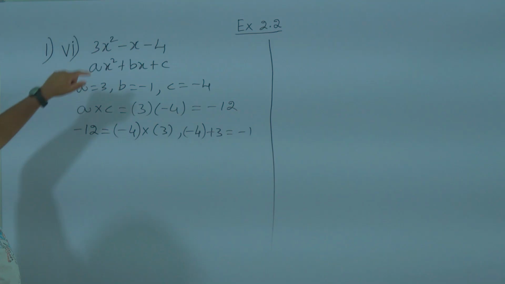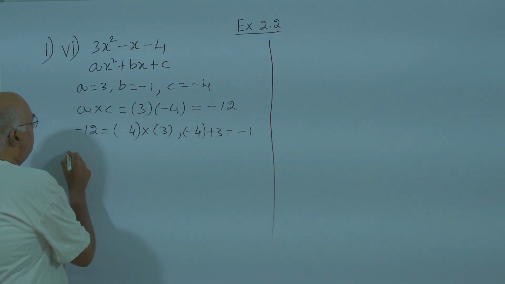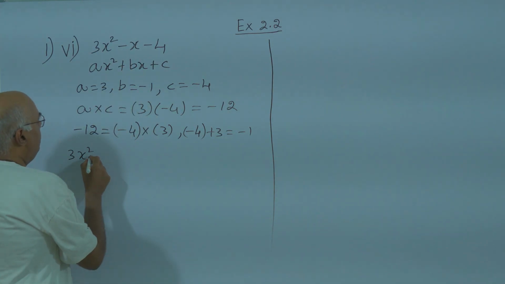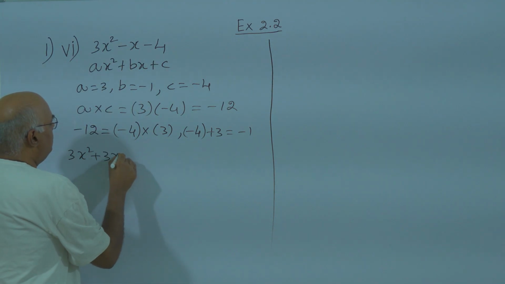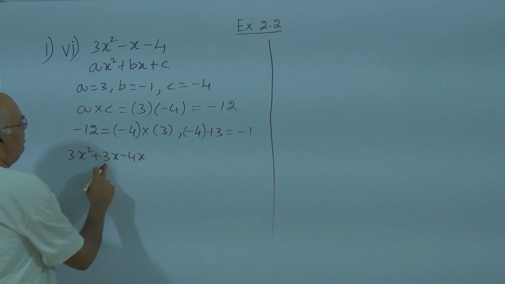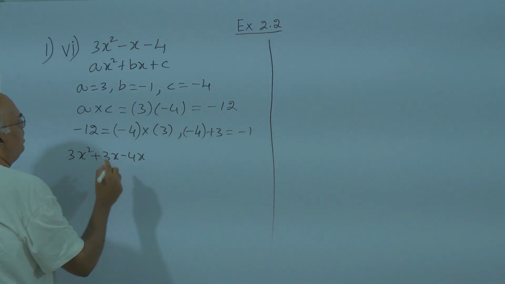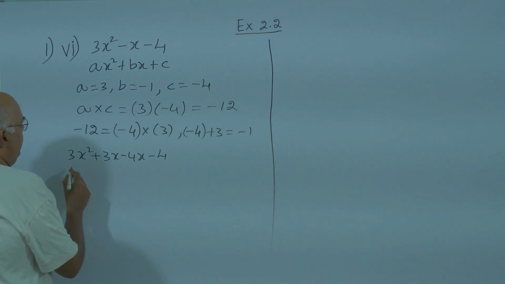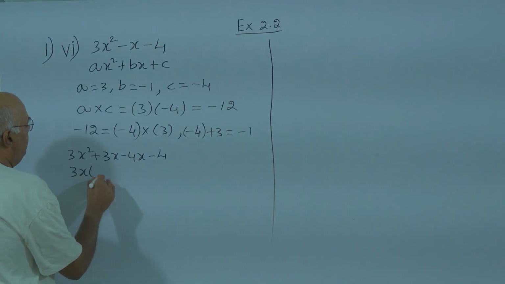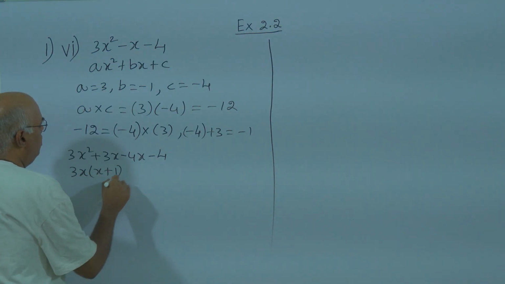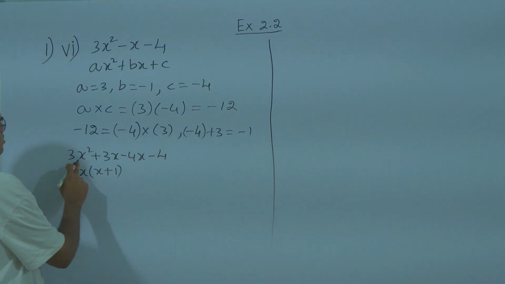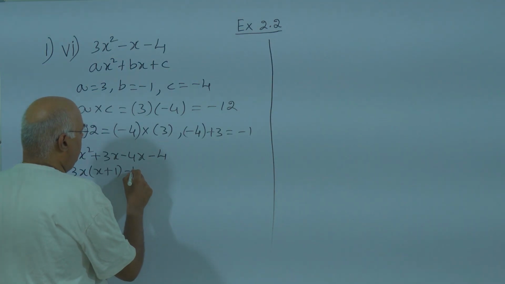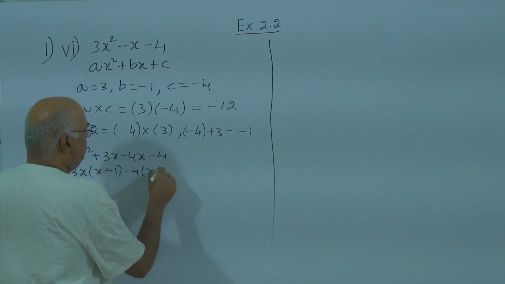Now the given quadratic polynomial can be written as 3x square, and minus x I will write as plus 3x minus 4x. See here, 3x minus 4x is nothing but minus x. Minus 4 will remain as it is. Now I will take 3x common. If I take 3x common, I will get x plus 1. 3x into x is 3x square, and 3x into 1 is 3x. In the same way I will take minus 4 common into x plus 1.